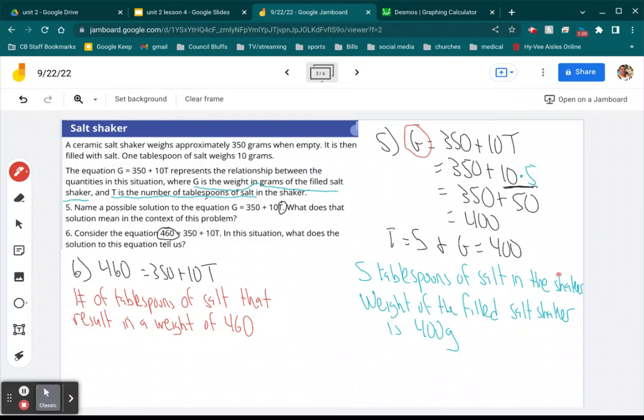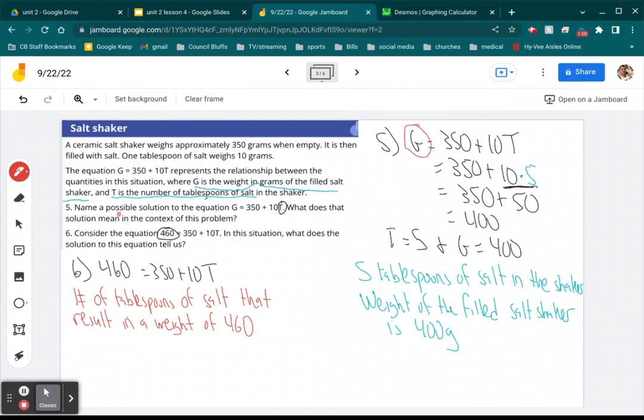So you're going to find a solution and explain what it means, and that's what I did right here. And then you're going to be given a different equation where G is a different number. In this case, G is 460. Instead of solving it, you're going to say what the solution represents. In this case, it's the number of tablespoons of salt that result in a weight of 460 grams.